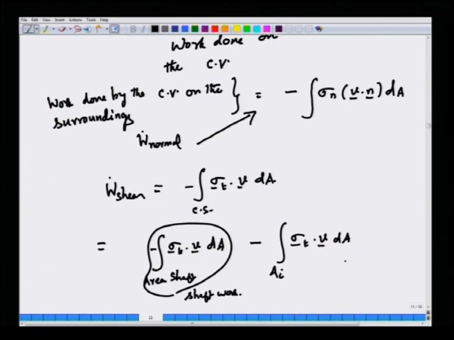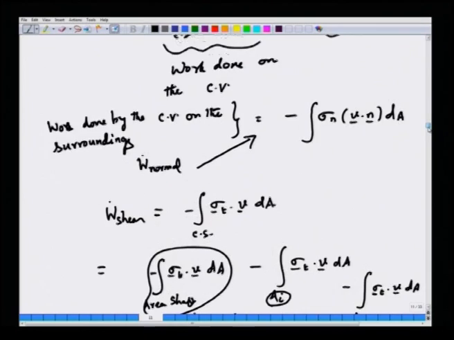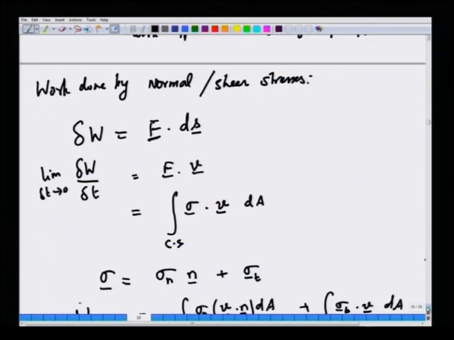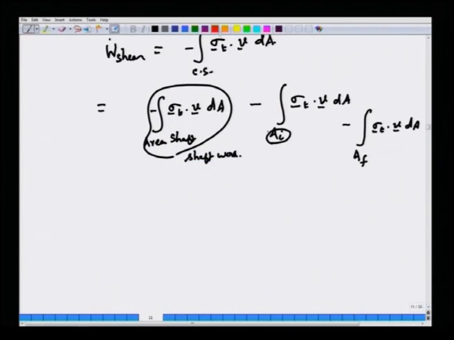This is the internal area part, minus a flow part, sigma t dot v dA. Now, over the entire internal area surface, if you look at the general figure that we drew, velocity is 0 because the fluid is stationary. So, even though there is a stress acting, there is no work done because the velocity is identically 0. So, this drops out. This was already taken into account as shaft work, W dot shaft. So, the only thing left for us to understand is this.